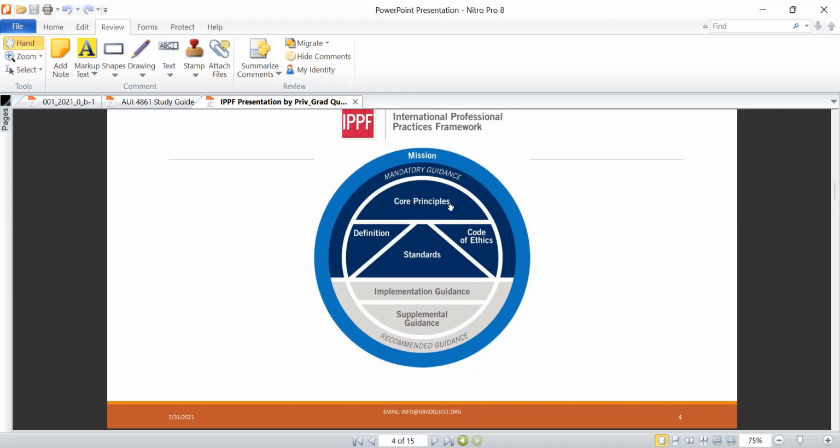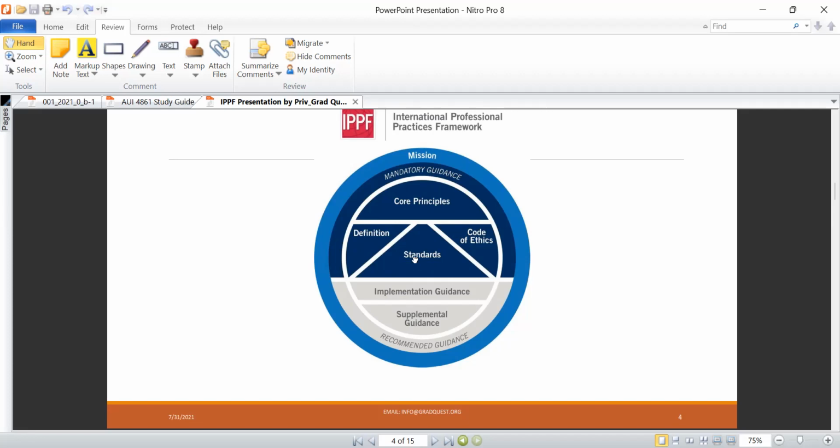The ones that you see within this dark bluish color, the mandatory guidance, would include, for example, the core principles of internal auditing, the definition of internal auditing, the IPPF standards, as well as the Code of Ethics. In the exam, they love to test a lot about the IPPF standards coupled together with the Code of Ethics. That's what they like to test.